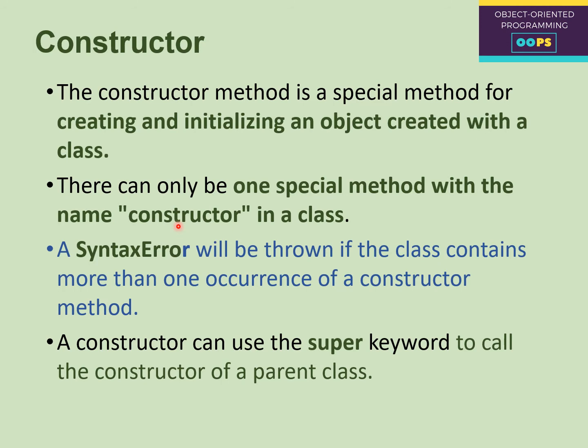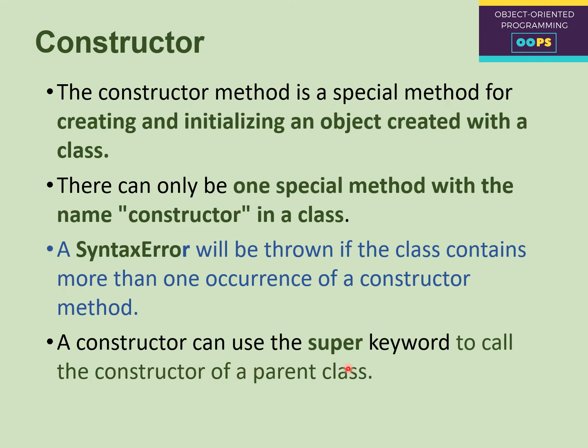But in case of JavaScript, we can only specify a single constructor function in a class. A syntax error will be thrown if the class contains more than one occurrence of a constructor method. If you try to define multiple constructor functions in a JavaScript class, it will show a syntax error.